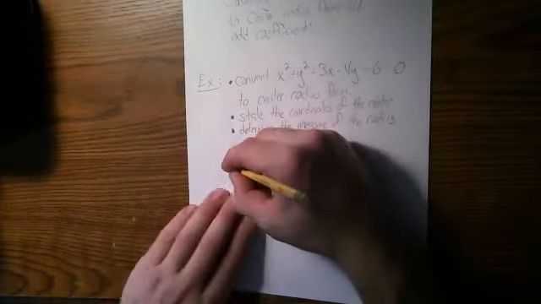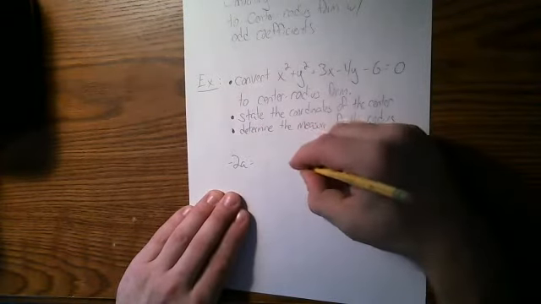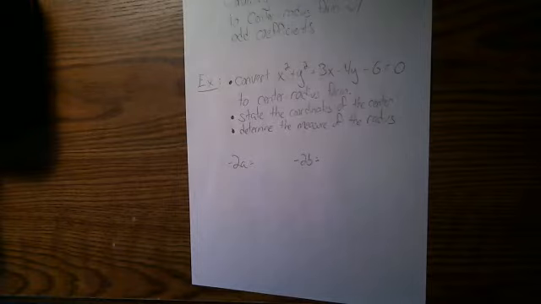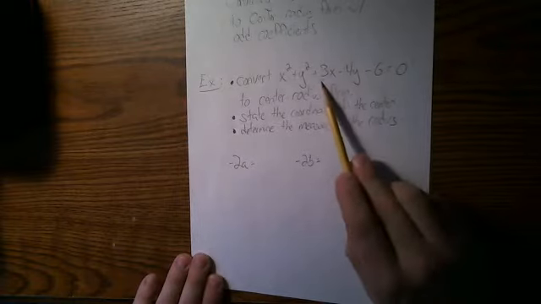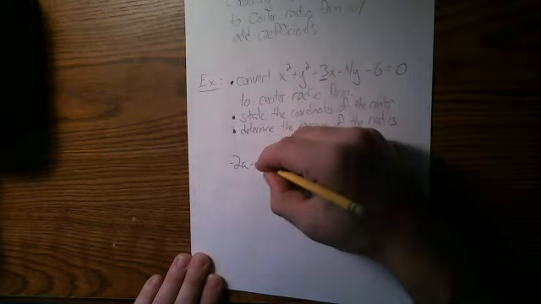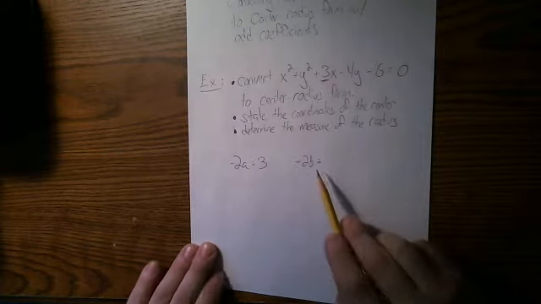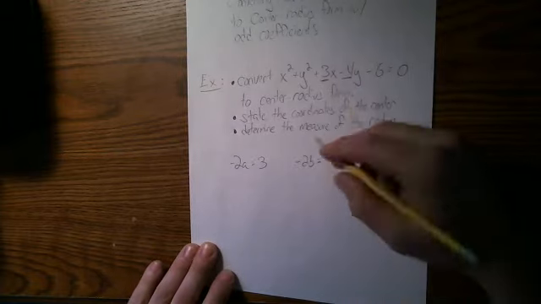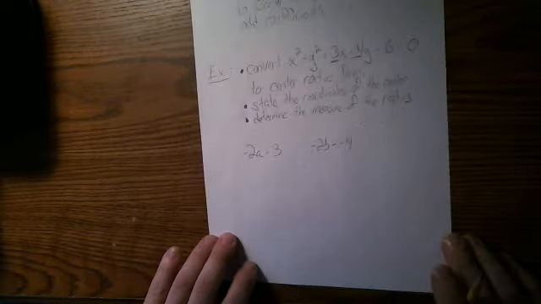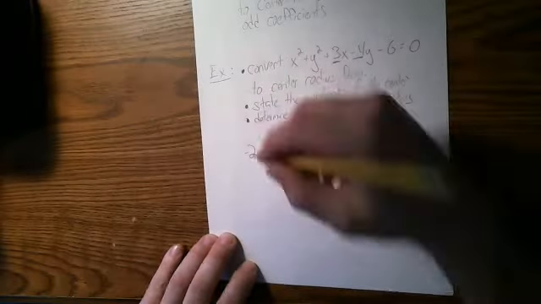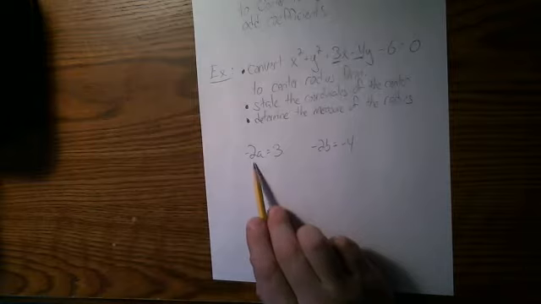But first, let's convert to center radius form, and if you recall the procedure, step 1 was -2a equals and -2b equals. Well, -2a equals the number in front of x, which is 3, and -2b equals the number in front of y, which is -4. So now you may see why it matters, because we're dividing by -2, which means it's not divisible by 2.